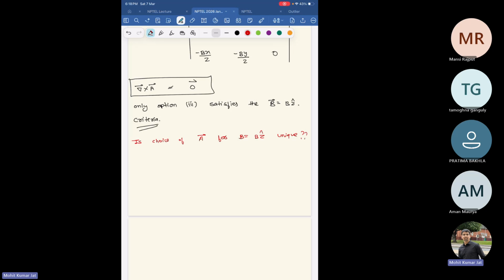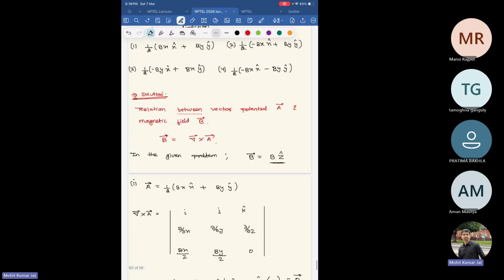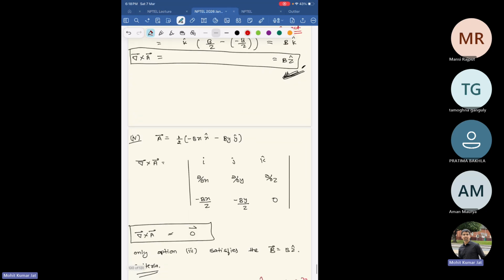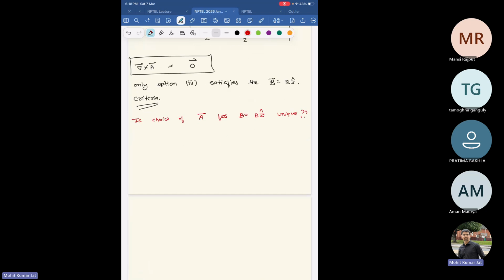That is, the choice of vector A, which is defined like this, and A is known as the vector potential, for a given magnetic field direction and magnitude, is the choice of vector A unique? I see someone is typing in the chat. Yeah, so someone is saying that it's unique.